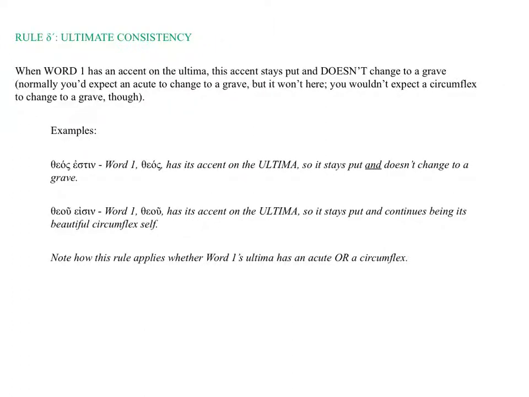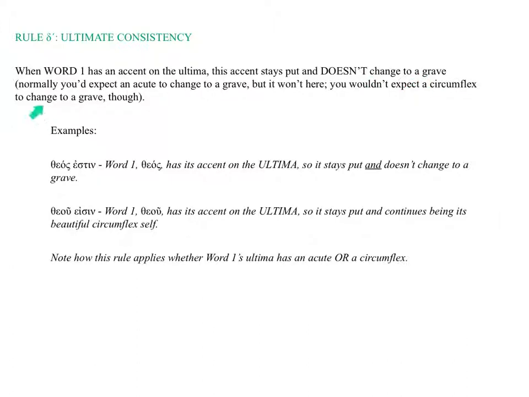I call rule delta, or rule 4, ultimate consistency, because it's about things staying the same on the ultima. Okay. So let's read this rule. When word 1, the word that comes before the enclitic, has an accent on the ultima, this accent stays put, and it doesn't change to a grave.